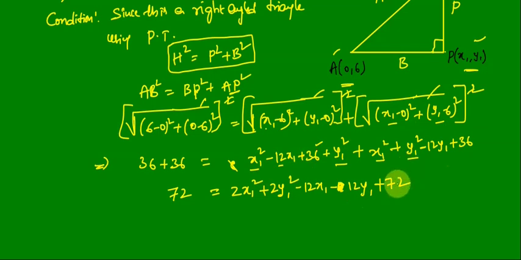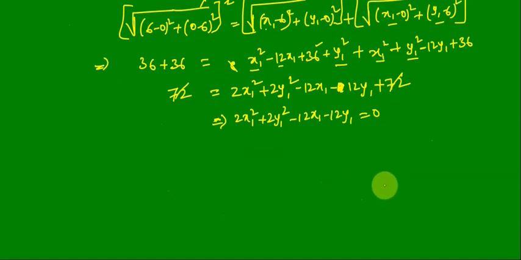Now if you observe, left hand side 72 and right hand side 72 get cancelled, so we are left with 2x1 square plus 2y1 square minus 12x1 minus 12y1 is equal to 0. So this is the equation of locus for only one point.